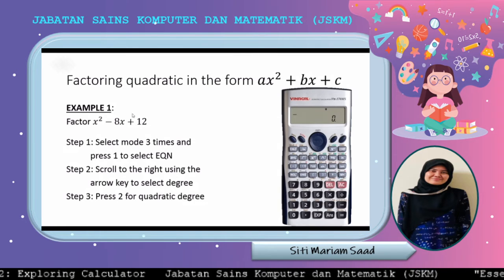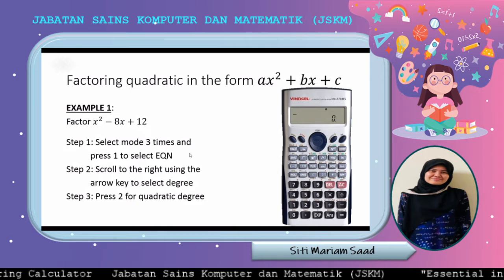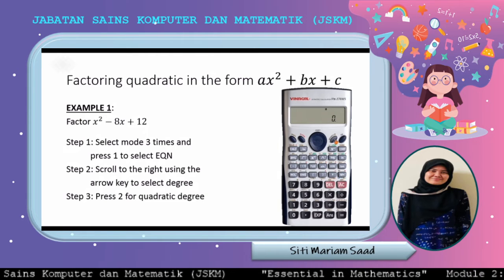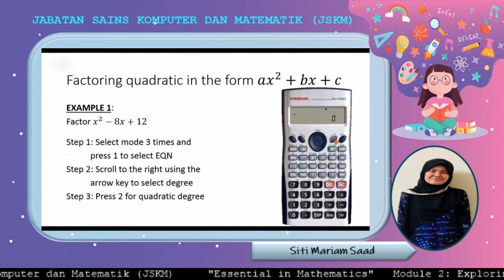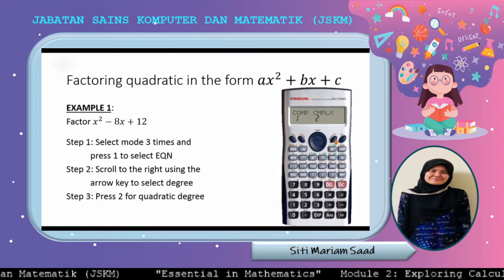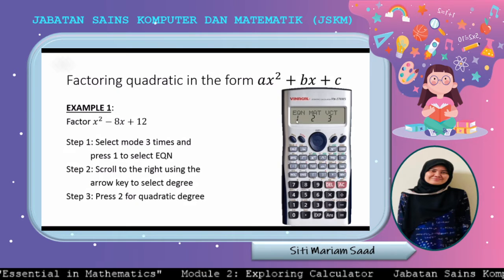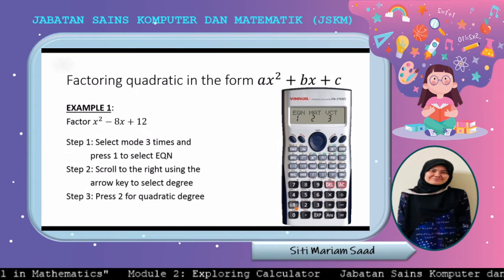To factor a quadratic using this calculator, the 570MS, we need to press the mode button 3 times until we see this screen. Then we press 1 for equation.